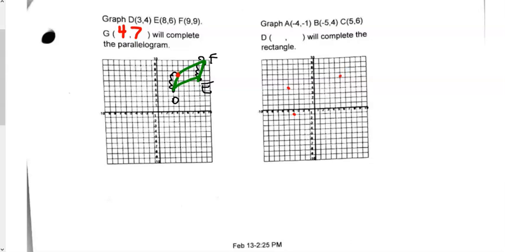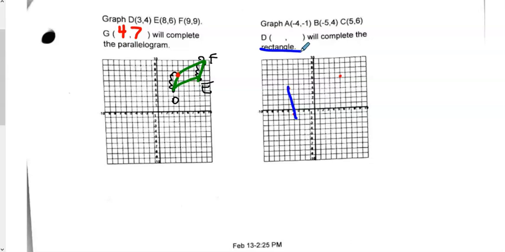So again, if I drew a line here, I need over on the right side to be parallel. Okay? But I also need the slopes to be opposite reciprocal because they need to be 90 degrees. So I need a 90-degree angle.